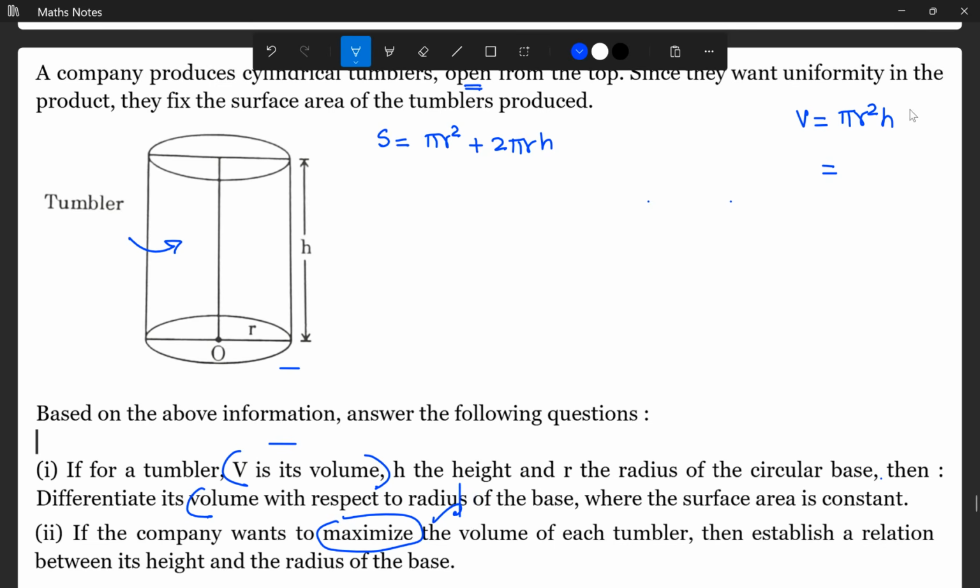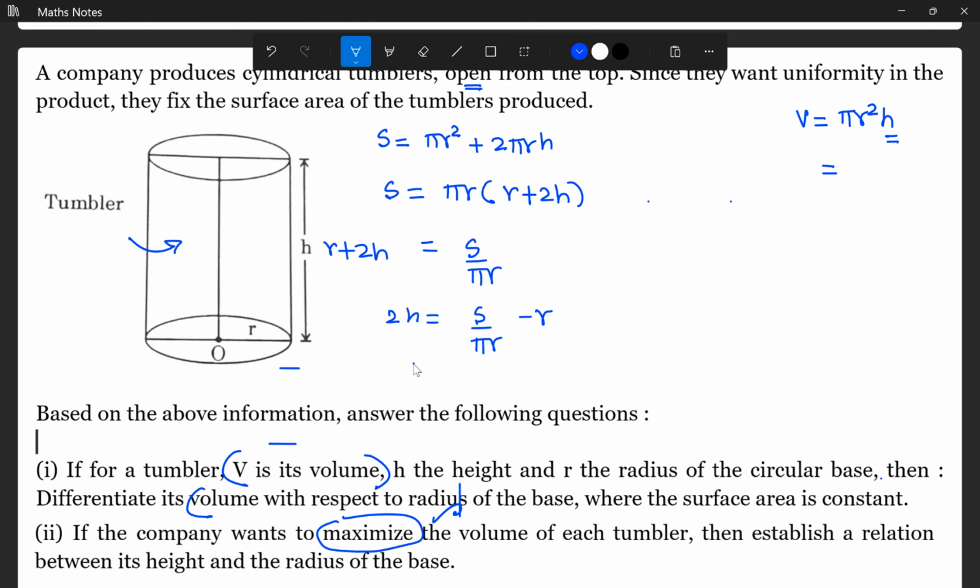We have to rewrite the given expression so that we can write h in terms of r. So S is equal to, take pi r common out, so that would be r plus 2h. Now r plus 2h is equal to S divided by pi r, and 2h is equal to S divided by pi r minus r.